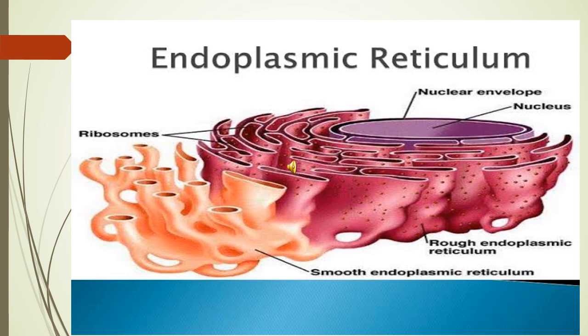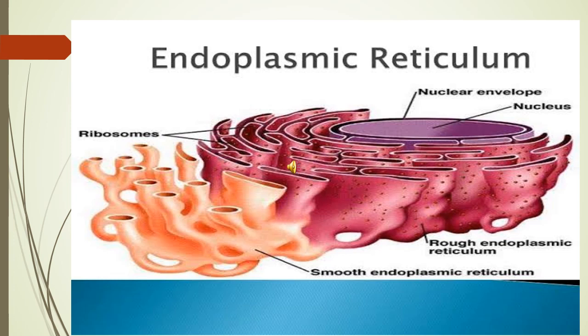So the rough endoplasmic reticulum function. The rough endoplasmic reticulum is an organelle found in eukaryotic cells. Its main function is to produce protein. It is made up of cisternae, tubules and vesicles. The cisternae are made up of flattened membrane discs and are involved in the modification of proteins.